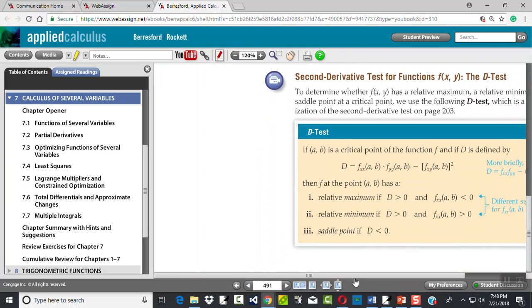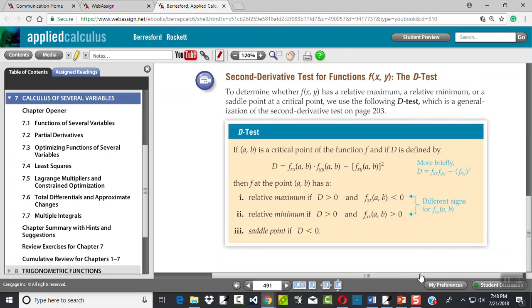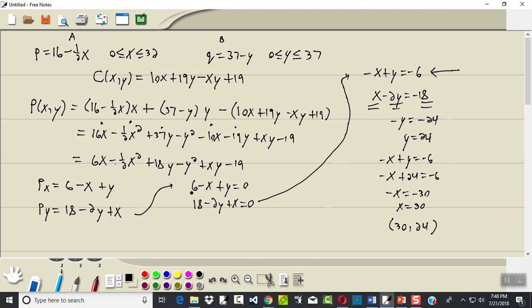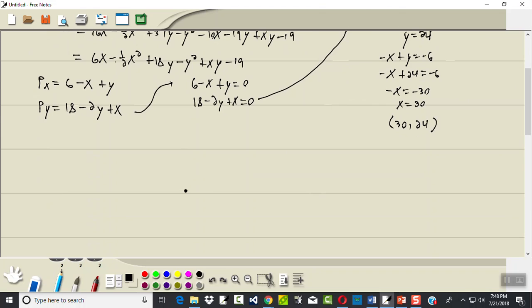Now, in order to use this, you have to find these partials right here. Okay, so this is our critical point. Keep that in mind. That's what we're working with. So if I continue with our partial with respect to x, take derivative again with respect to x. 6 drops away, y drops away, derivative of negative x is negative 1.